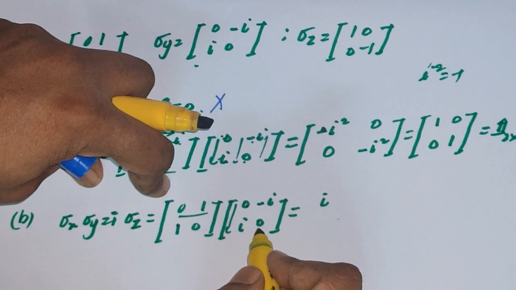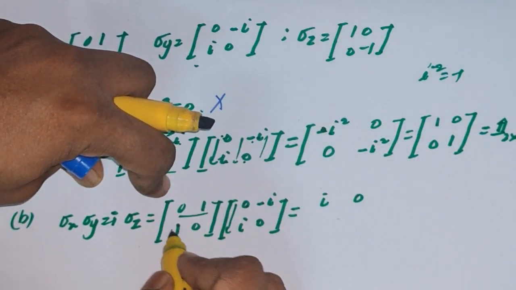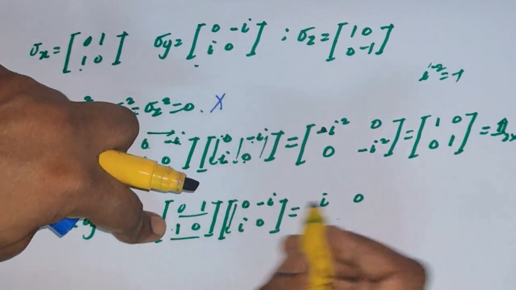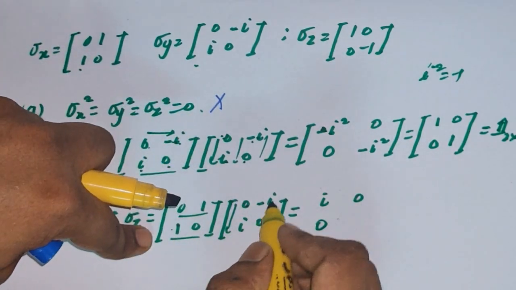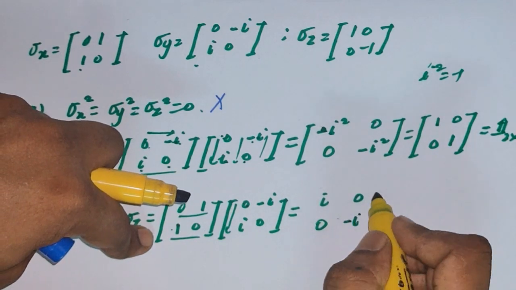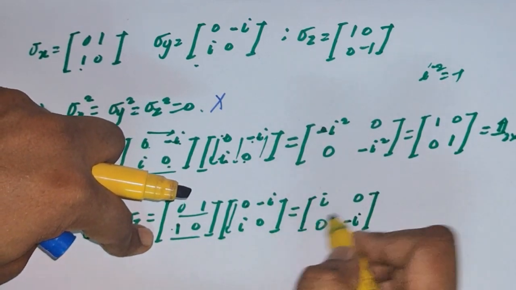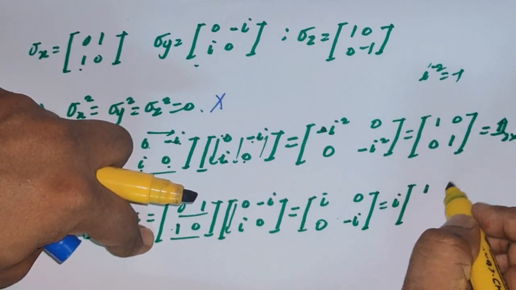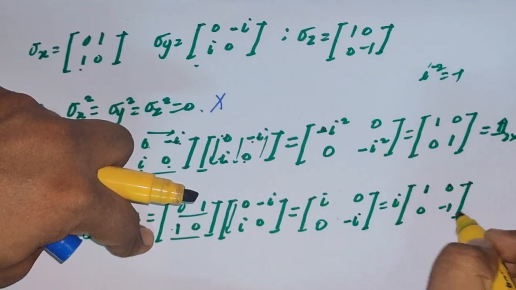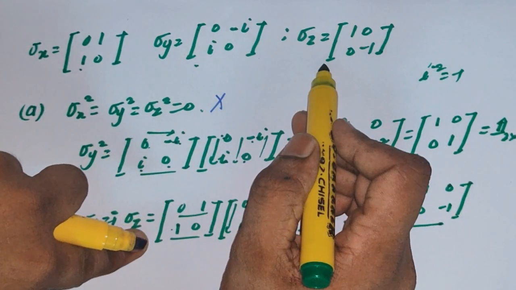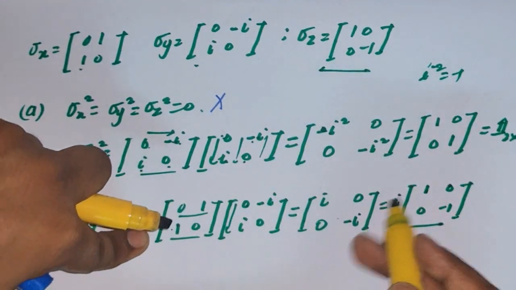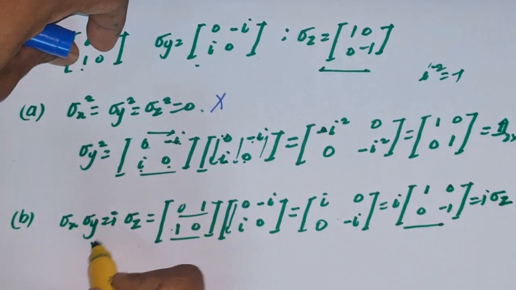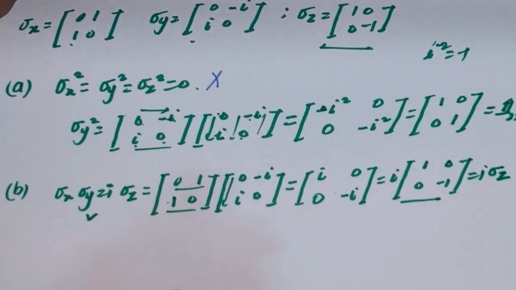The other entries work out similarly: one is 0, another is 0, and the last is minus i. Taking i common, inside we get 1 0 0 minus 1. We know this matrix is sigma z, so it is i times sigma z. So this is a right statement. The second one is right.